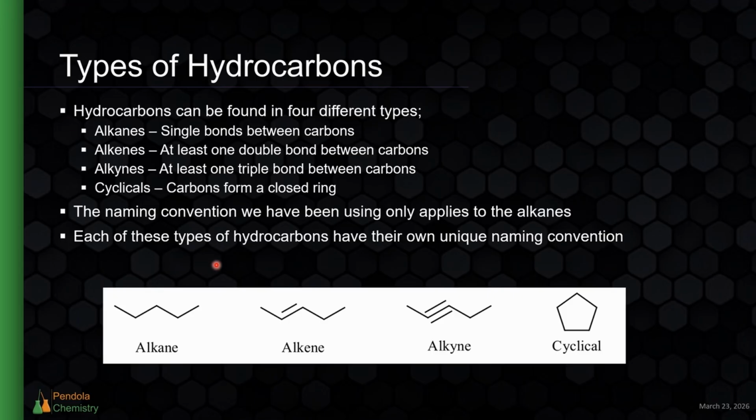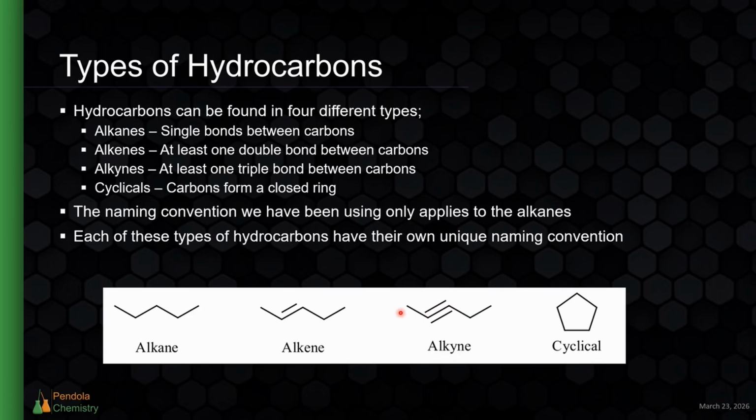Meaning we could have an alkane, which is a hydrocarbon where all of the bonds are single bonds, and it's a straight chain or even side branched, but it will be everything single bonded. We could have alkenes, which we talked about before, where at least one of those carbon-carbon bonds is a double bond.